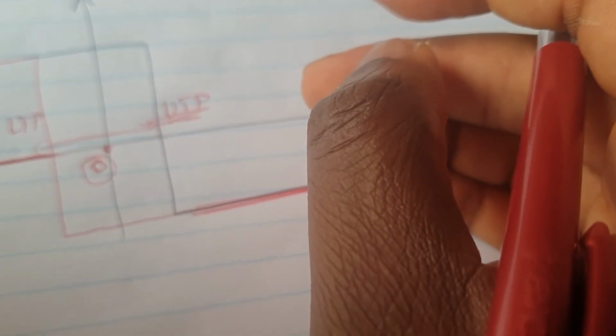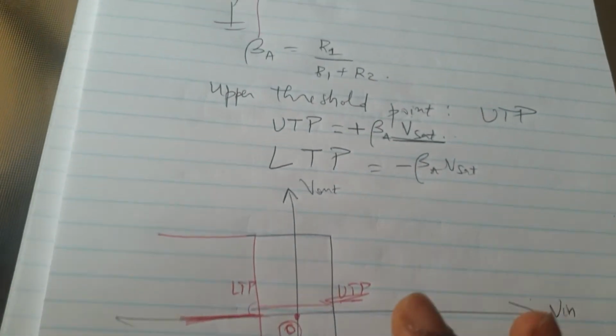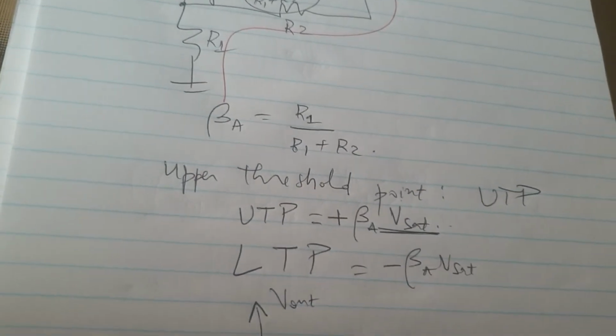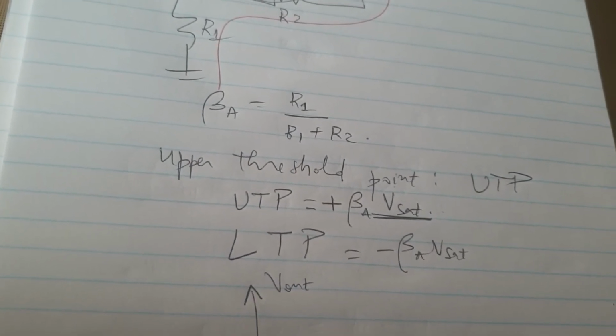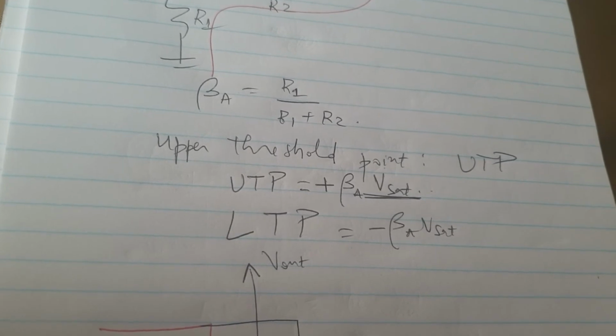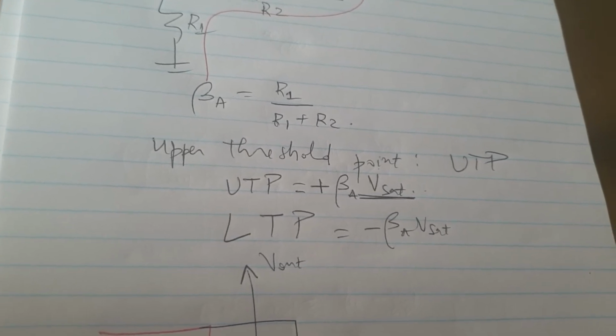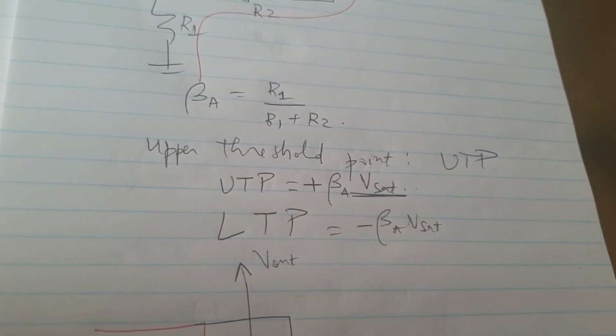Okay, we're going to carry on from here by studying the difference voltage between the upper and the lower threshold, meaning the difference between UTP and LTP, and that is what is normally called the hysteresis.